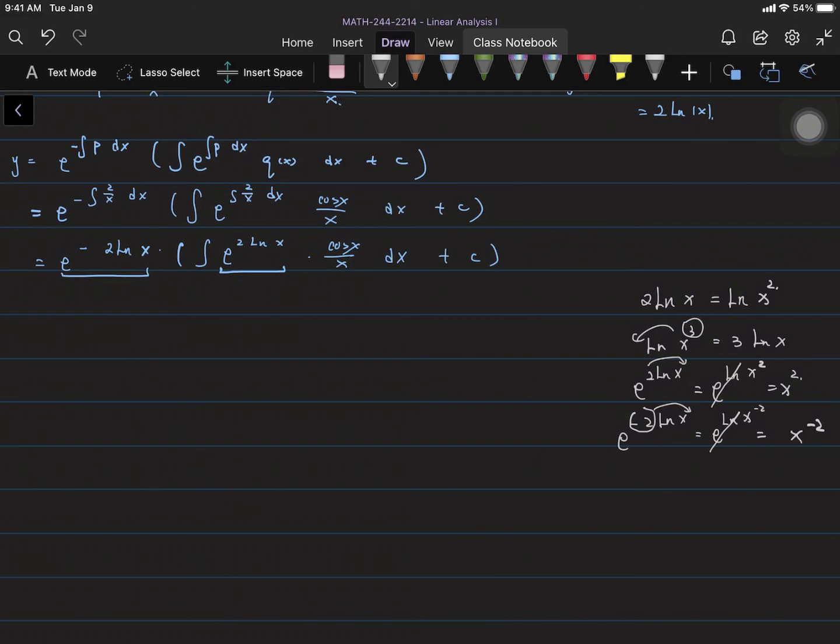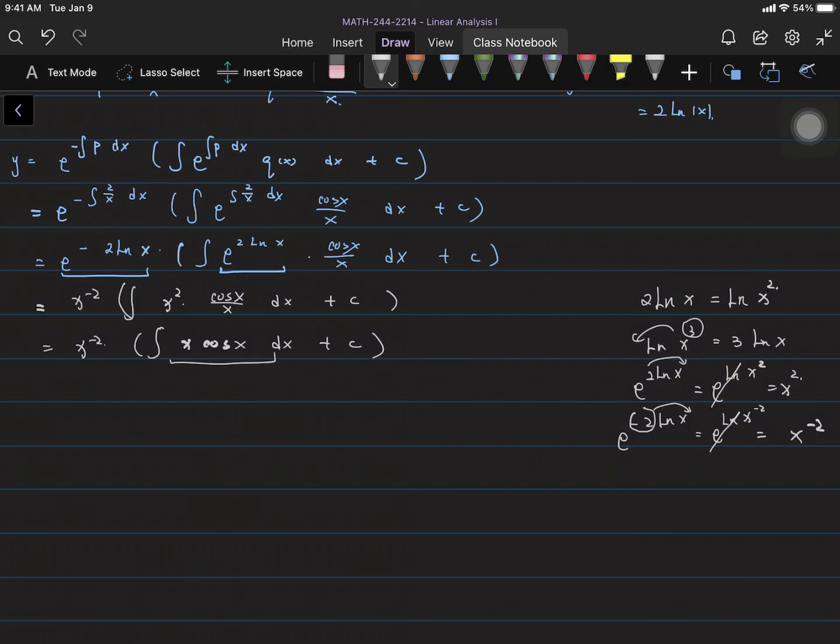So here we already simplified this one, it is x to the negative 2, and here is x squared, and the cosine x over x dx plus c, right? So next, let's simplify this term. x squared cancels with the x, so x cosine x dx.